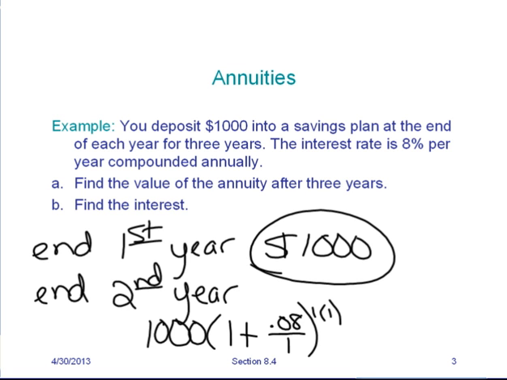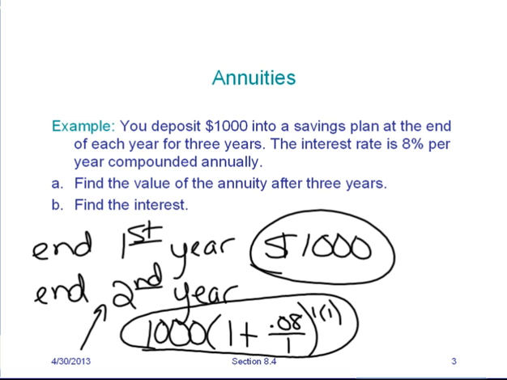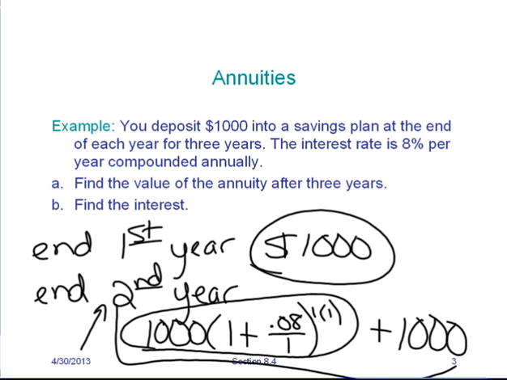If you calculate that, that will tell you how much is in your account from the previous $1,000, but remember at the end of the second year you're going to be depositing another $1,000. We can continue to do this at the end of the third year. We would have the interest from the amount that's previously in there plus another $1,000.